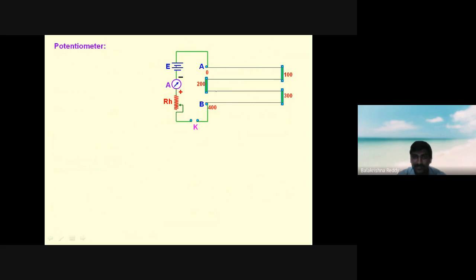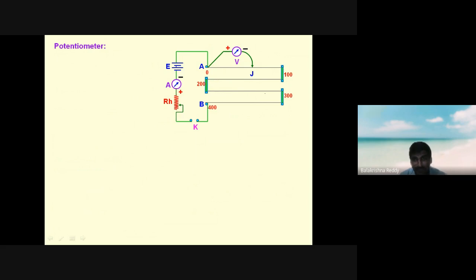Now, whatever you are seeing in the diagram is the primary circuit of the potentiometer. For this circuit, whatever our aim is, all the external circuit which we are connecting is the secondary part. See, I have connected a voltmeter, or a galvanometer, and I am using the jockey J. This jockey J we slide on the wire.